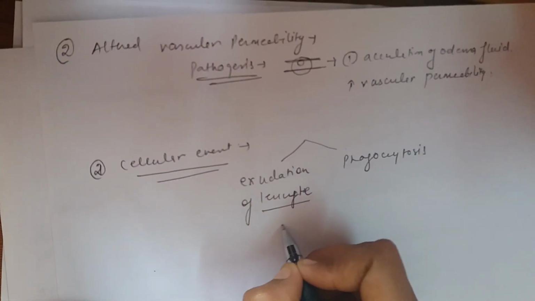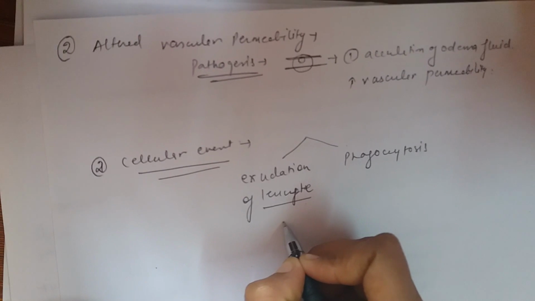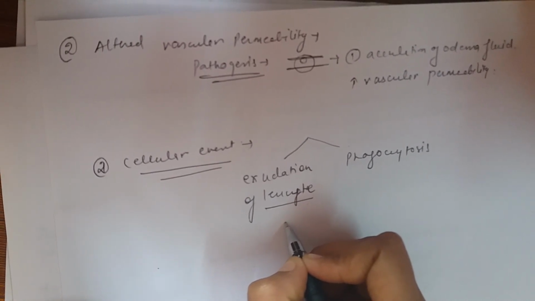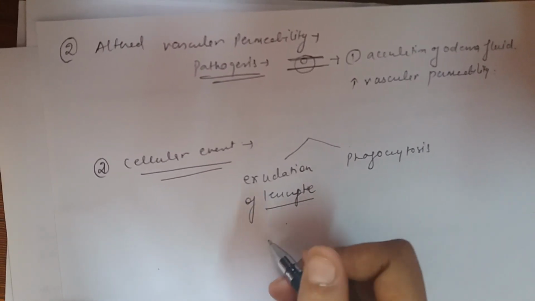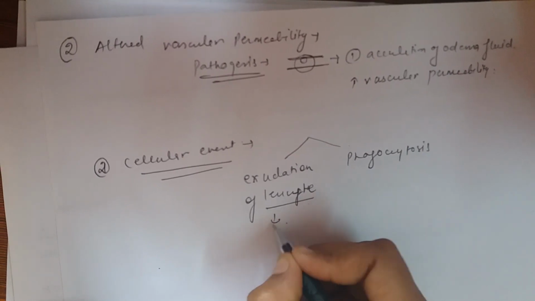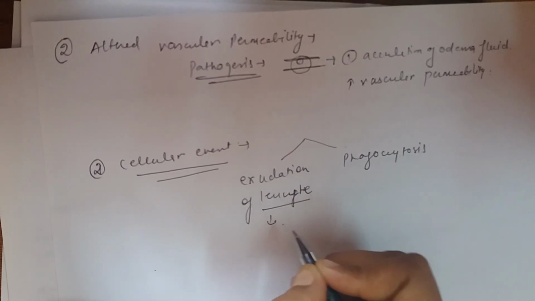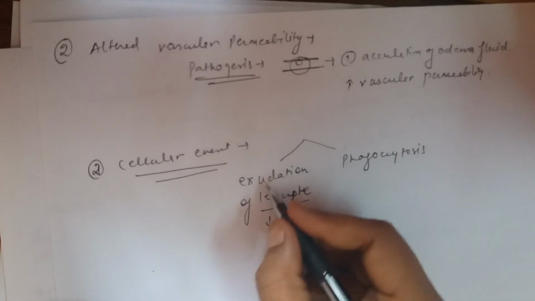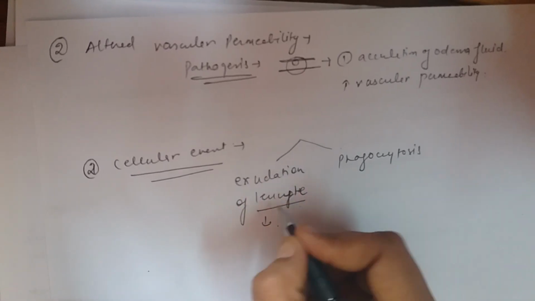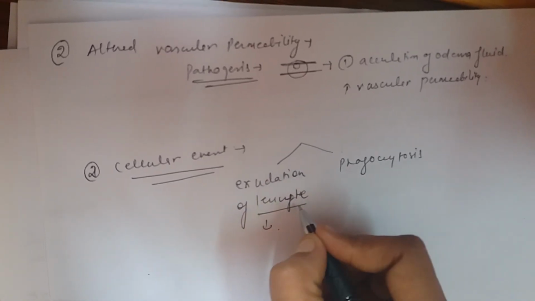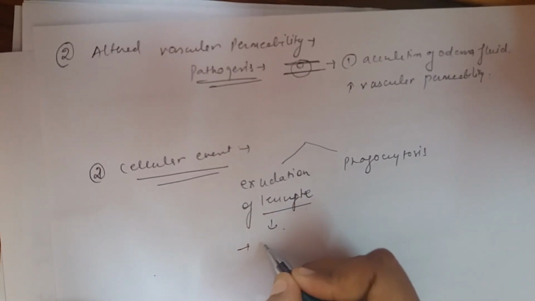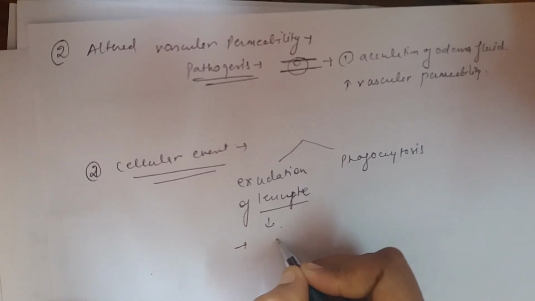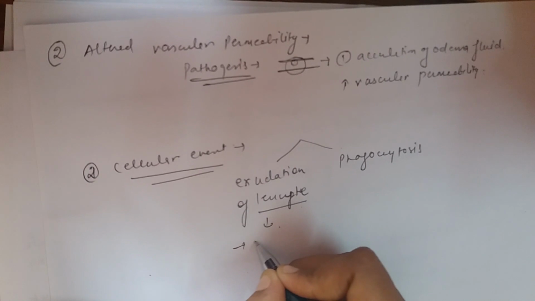In the exudation of the leukocytes, the most important feature of the inflammatory response is the escape of the leukocytes from the microvasculature, meaning the leukocytes come from the microvasculature to the interstitial tissue.